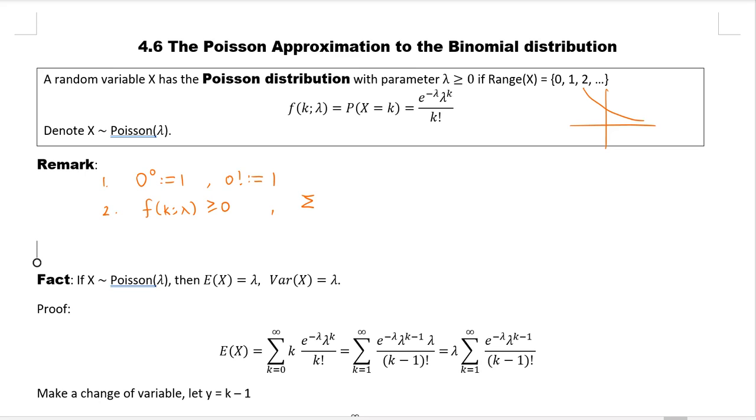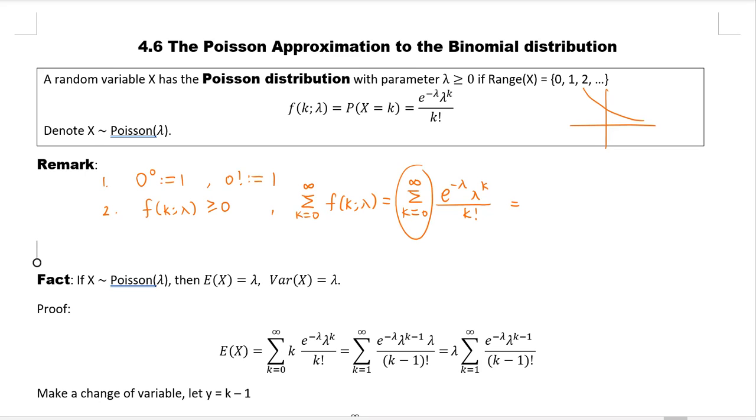So when we add up, the k goes from 0 to infinity. Okay, when we add those up, let's see what happens. We get e to the minus lambda times lambda to the k over k factorial.